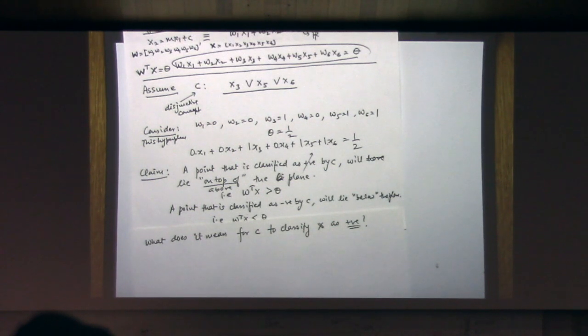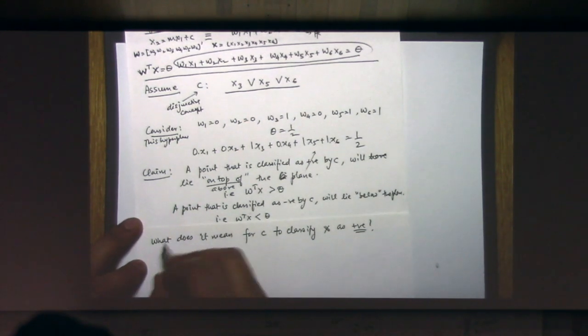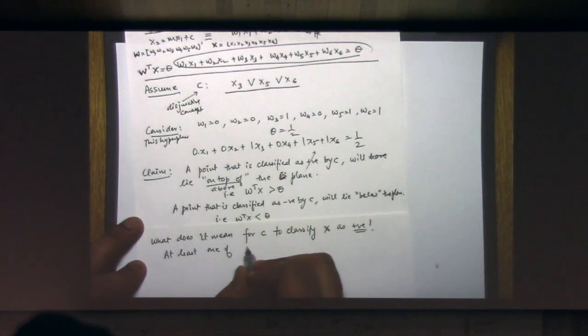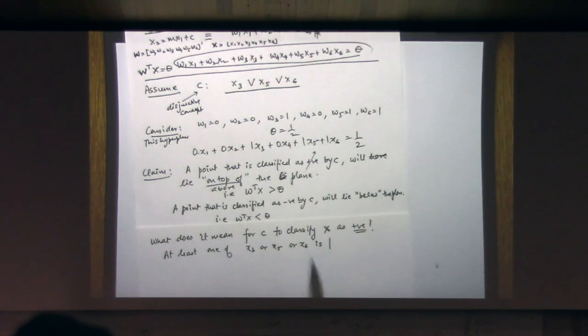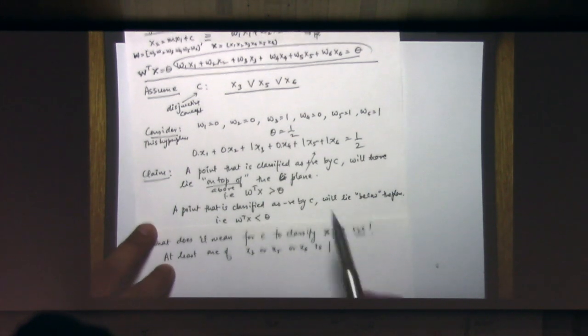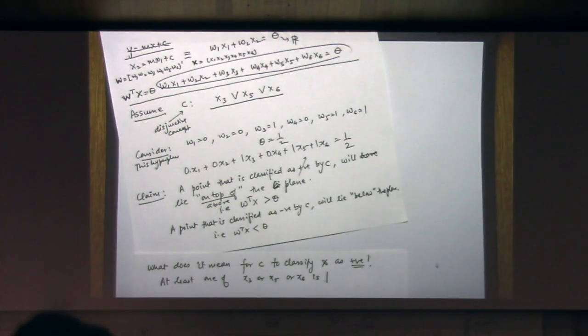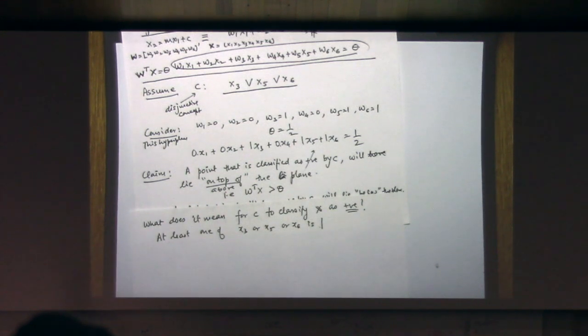All right. So what does it mean for C to classify X as positive? It means that at least one of X3 or X5 or X6 is 1, right? Because if none of these are 1, then this rule will call it negative, because it will find all of them as 0. So at least one of these is 1 and others could be anything, right?